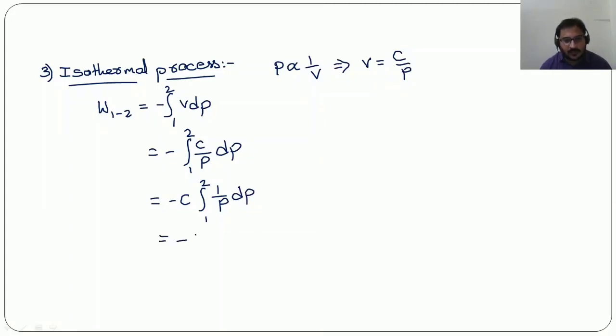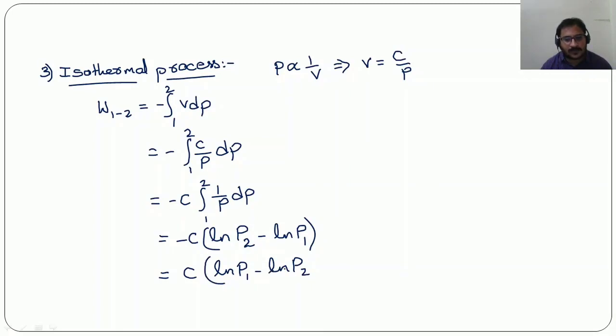Integration of 1 by P is log P, so ln P within the limits 1 to 2. So we can write ln p2 minus ln p1. Now if I multiply this minus inside, so c into ln p1 minus ln p2 you are going to get, which is nothing but c ln p1 by p2.